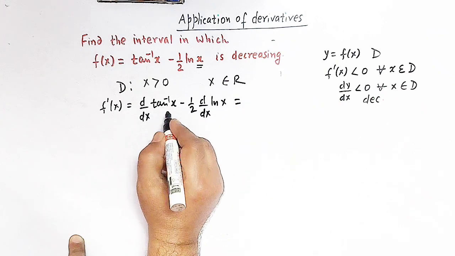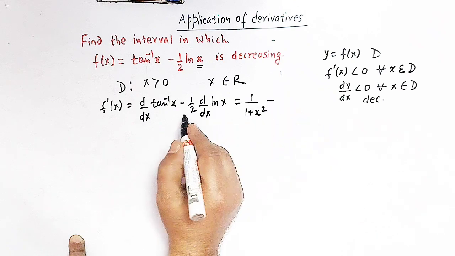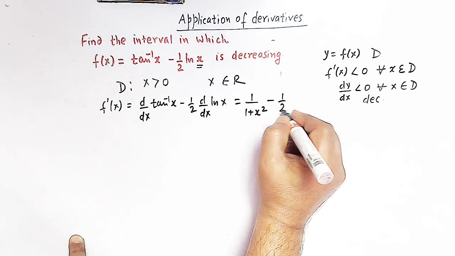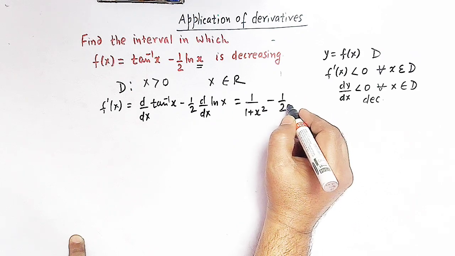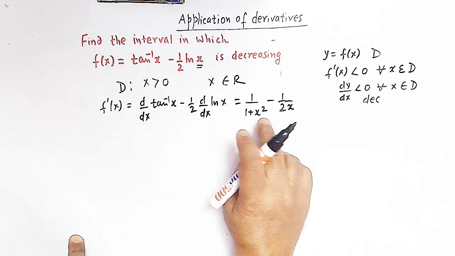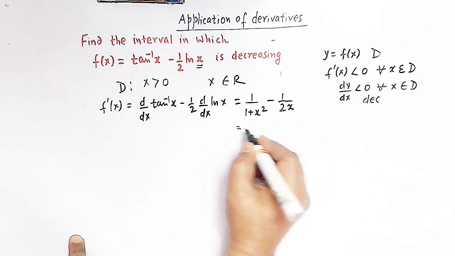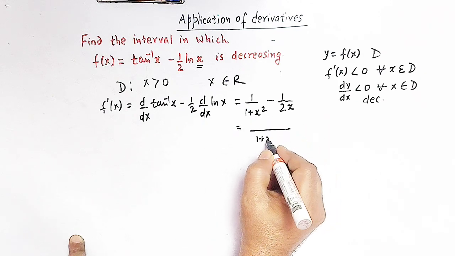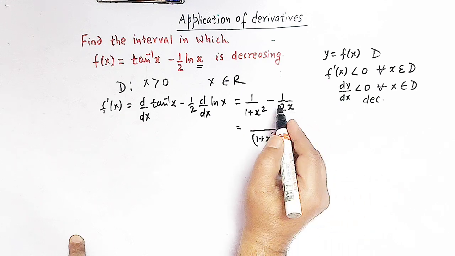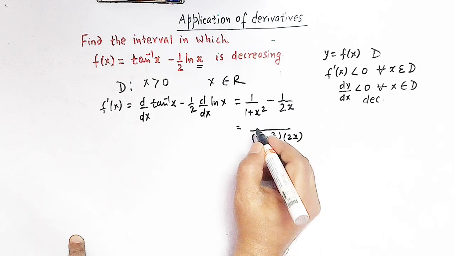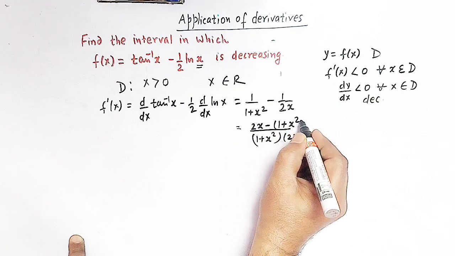The derivative of tan inverse x is 1 over 1 plus x square, and here we have minus half, and the derivative of log of x is 1 over x. Now let us simplify this expression. We can take here 1 plus x square, and then we have here 2x, and now taking the cross multiplication, here we have 2x minus 1 plus x square.